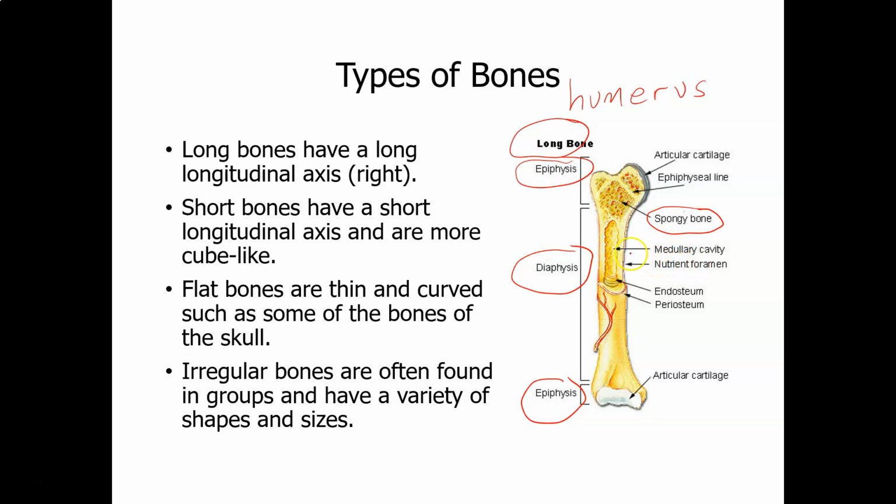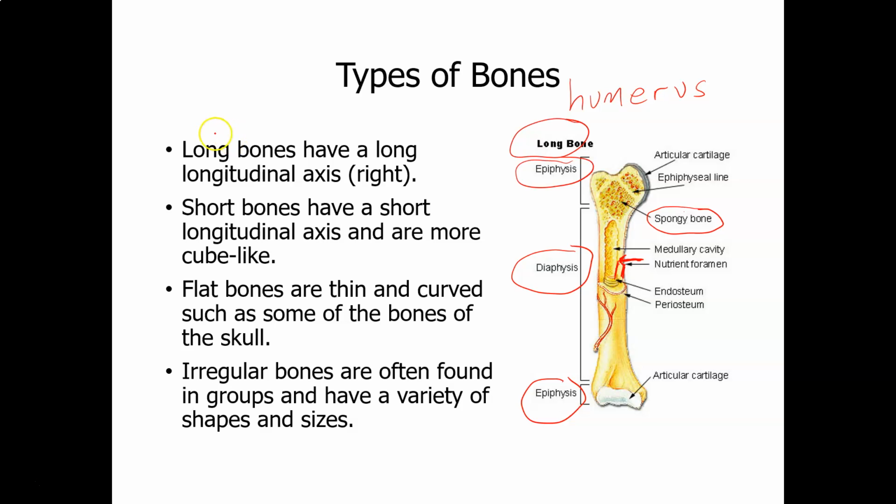I don't see it labeled, but this bone that goes from here to here that forms the diaphysis, this is called compact bone, or I can't think of the other word. It's cancellous bone and cortical maybe. But anyway, most often people call it compact bone. Compact bone does not have as many air spaces. It's a lot thicker and stronger.